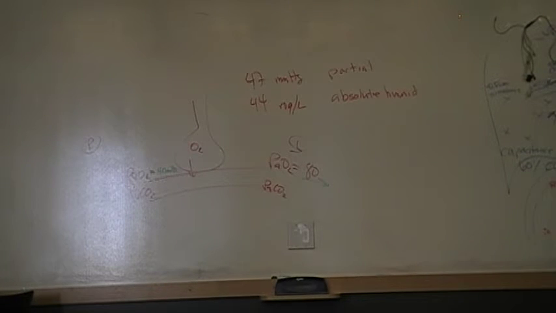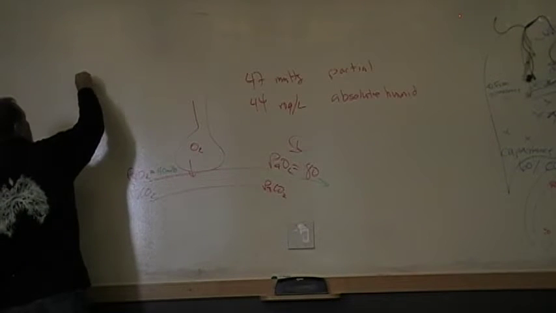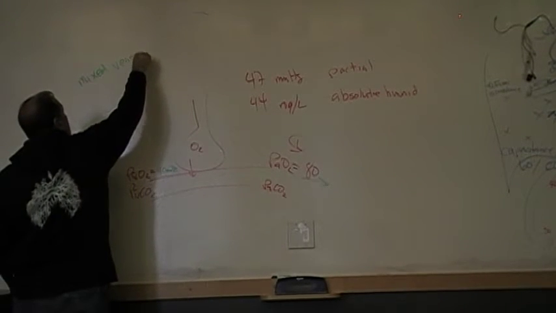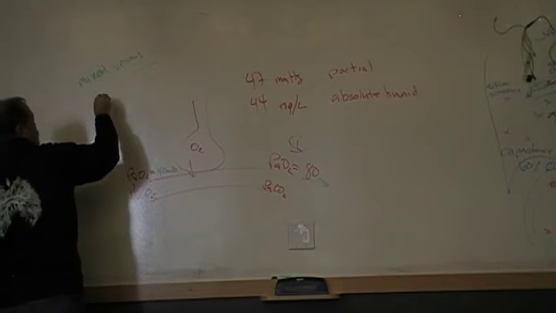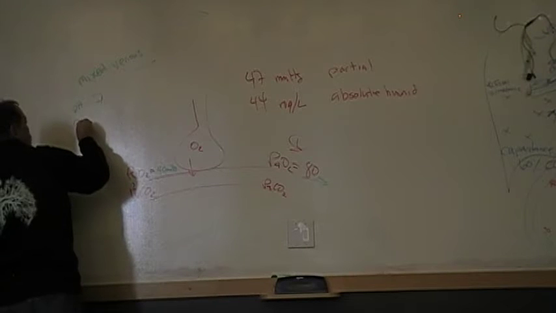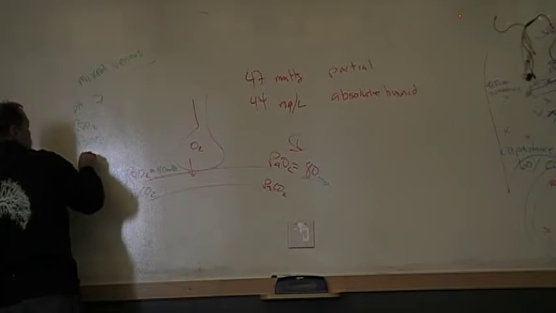So a powerful piece of this Swan-Ganz catheter is that we can draw something called mixed venous blood gases, or mixed venous. So we can do a pH, we can do a PVO2, PVCO2. It'll give us a bicarb.